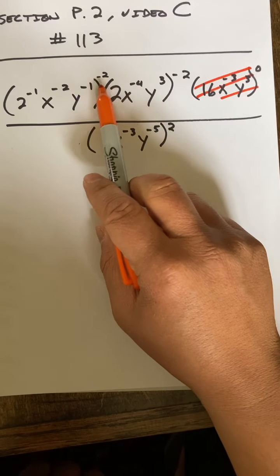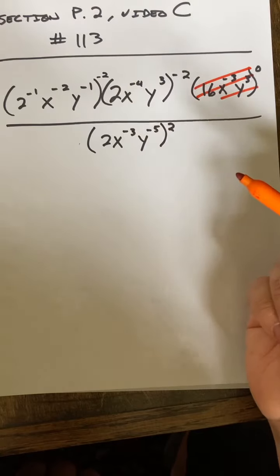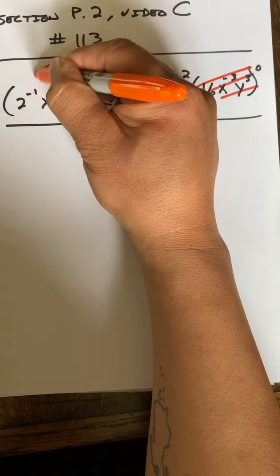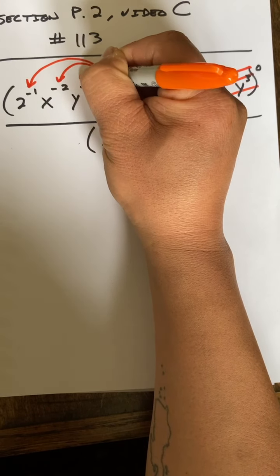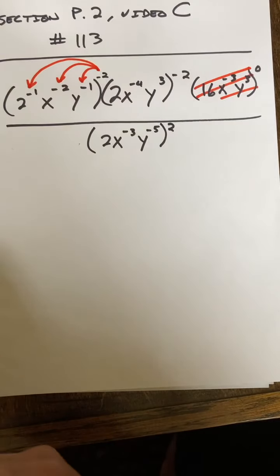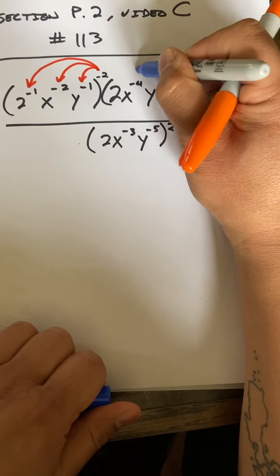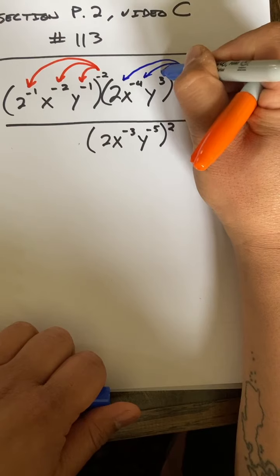Next thing I'm gonna do is just take care of these exponents that are outside of the parentheses. And the rule for that is I'm gonna multiply this exponent times this one, and this one, and this one, okay? And I'm gonna switch colors over here. I'm gonna do that here, here, and here.